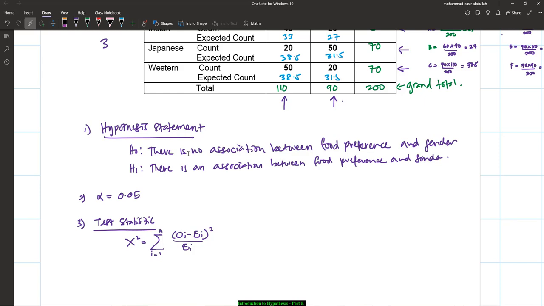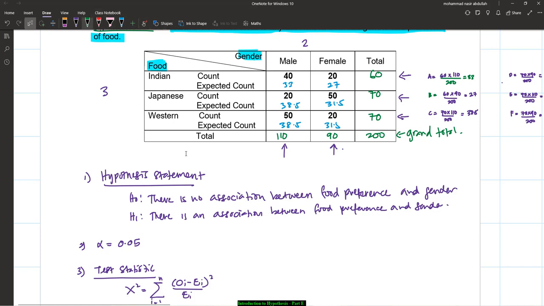So now we already have the observed value. So observed value is actually the frequency value. So this is what we call observed 1. So this is cell number 1, row number 1, column number 1. And this is observed 1,2, observed 2,1, observed 2,2, observed 2,3, observed 3,1, observed 3,2.